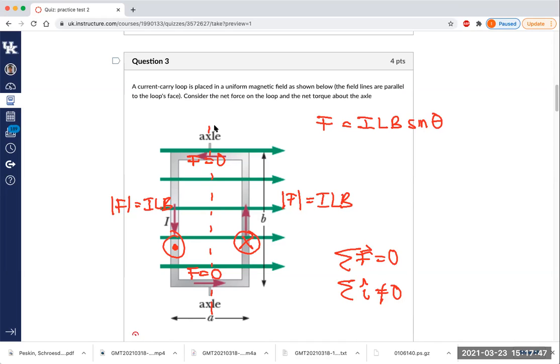So they're both turning the loop in the same direction. And so the 2 forces that add up to 0 to make 0 force actually add up to make a torque that's non-zero. And that's why this is the situation where the rectangular loop will rotate in the uniform magnetic field.